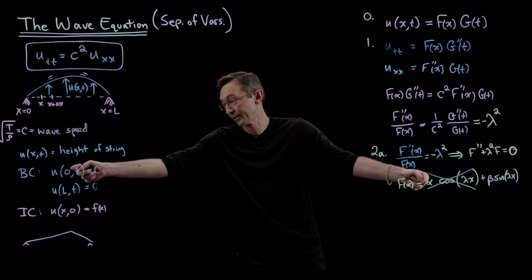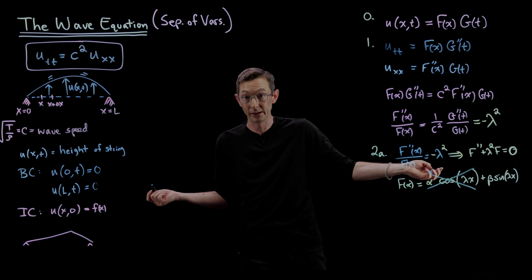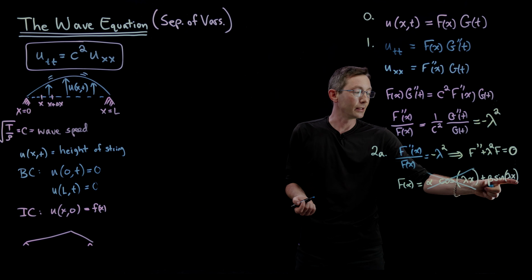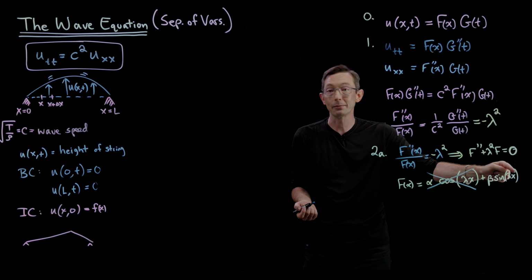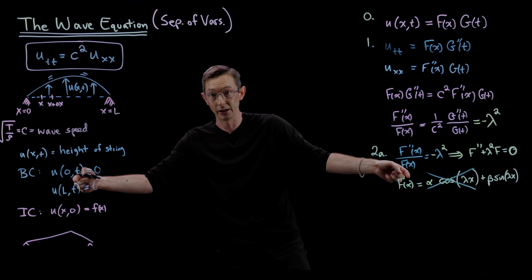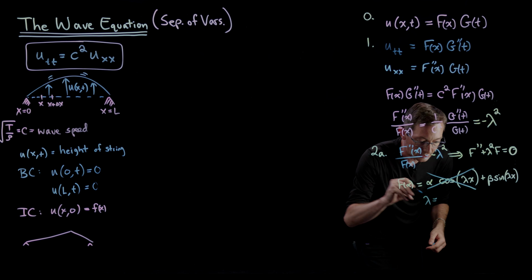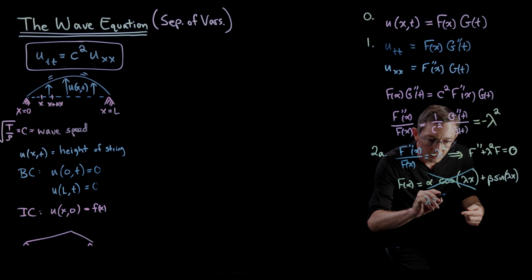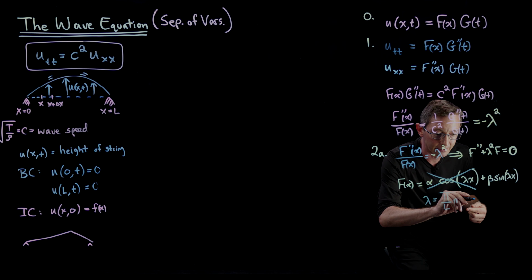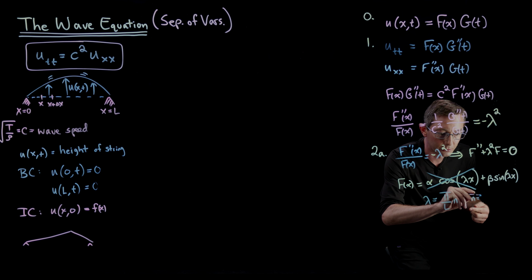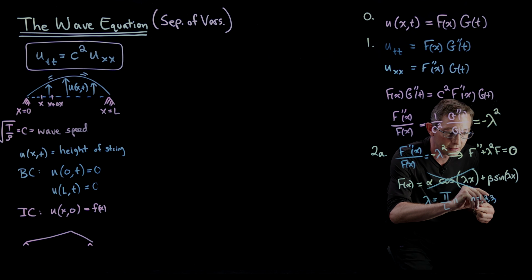Okay, so it can't satisfy this left boundary condition unless alpha is 0. And the only way that sine of lambda x can satisfy this boundary condition is if lambda equals pi over L times some integer n, where n equals 1, 2, 3, dot, dot, dot.